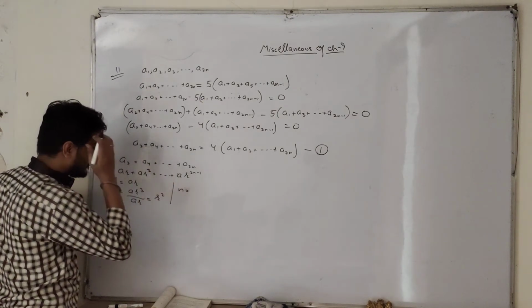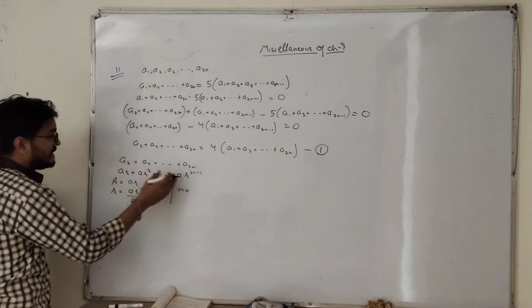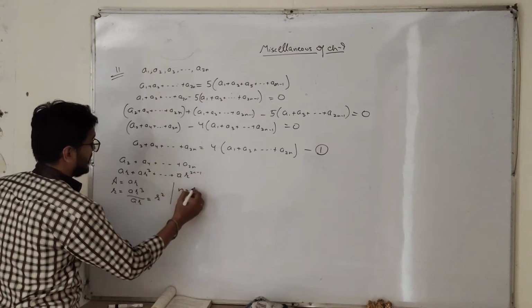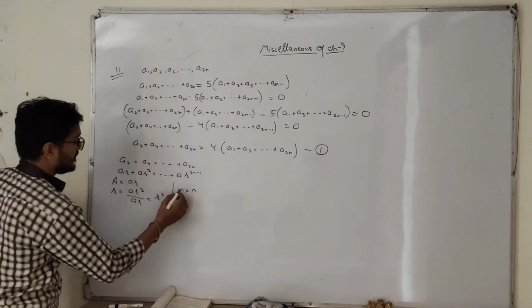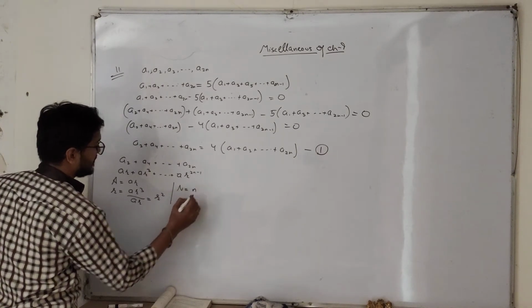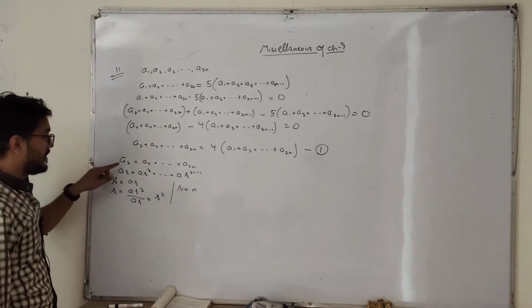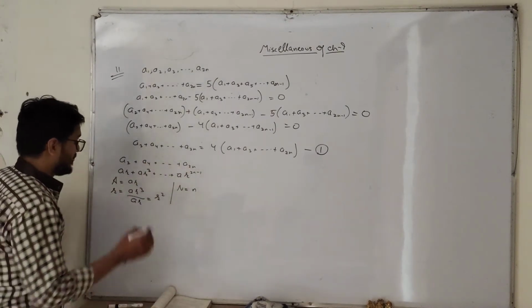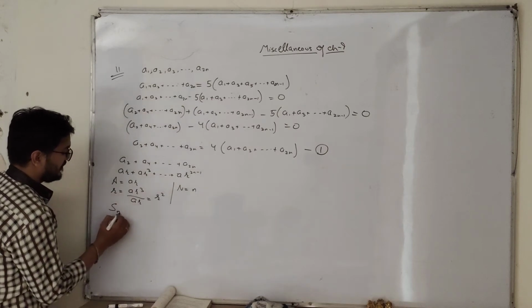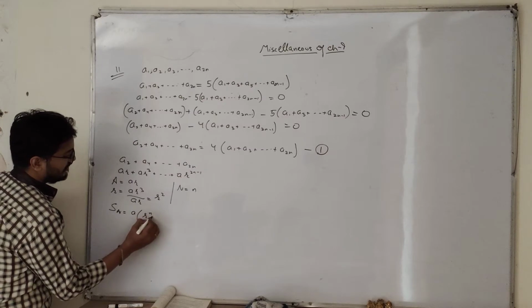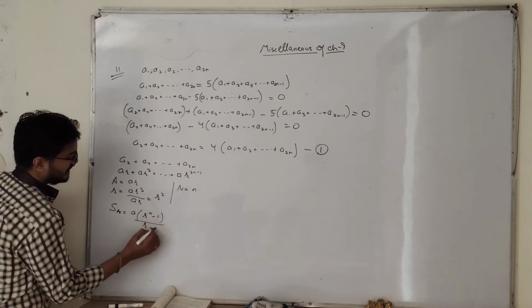How many number of terms are there? 2n divided by 2 is n, so the number of terms is n. So Sn will be equal to a (r^n minus 1) upon r minus 1.